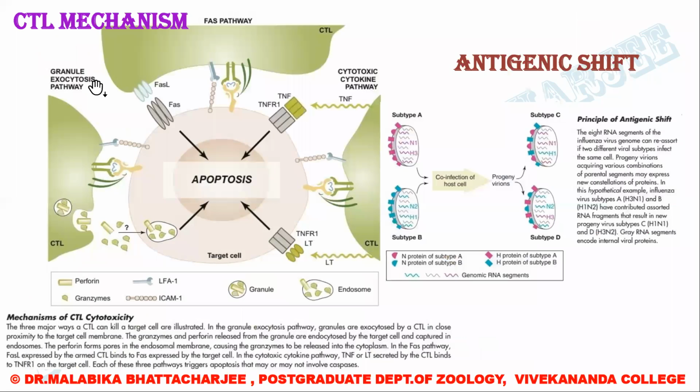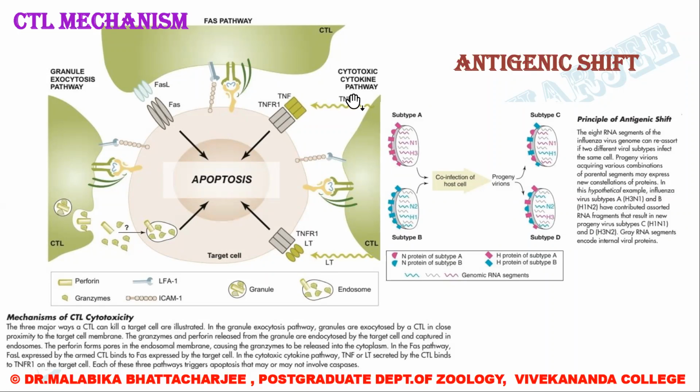One is the granule exocytosis pathway, by which a cytotoxic T lymphocyte can kill a target cell. The other is the FAS pathway, by which a cytotoxic T lymphocyte can kill the target cell. And the third pathway is the production of cytotoxic cytokines such as TNF or lymphotoxin.